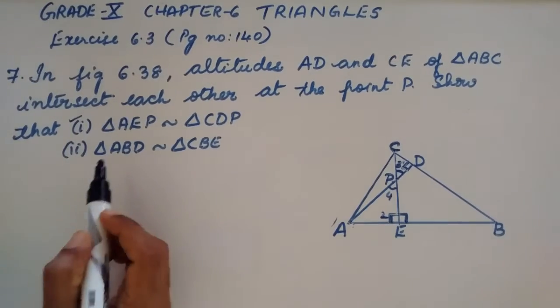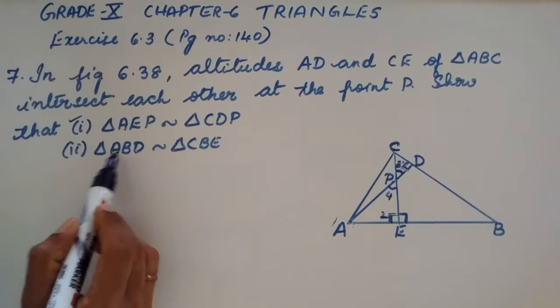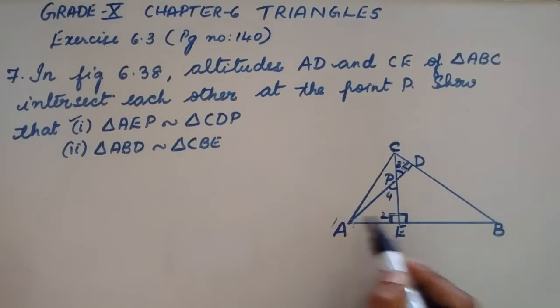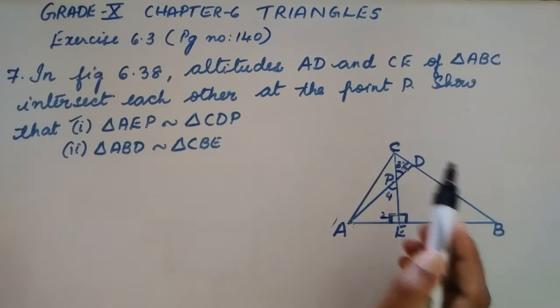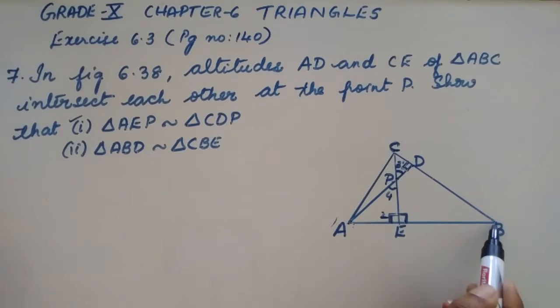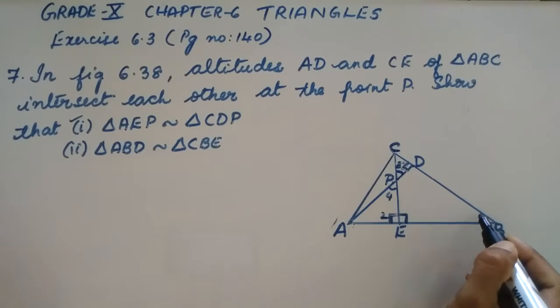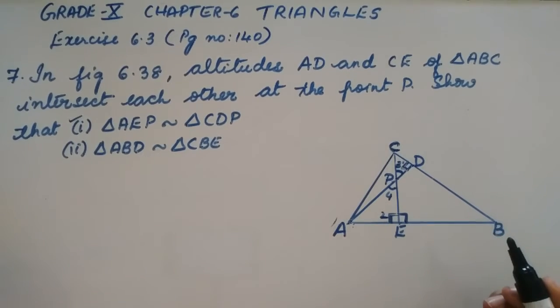Now let us solve the second one. Triangle ABD is similar to triangle CBE. Now, in both these triangles, we find the common angle.